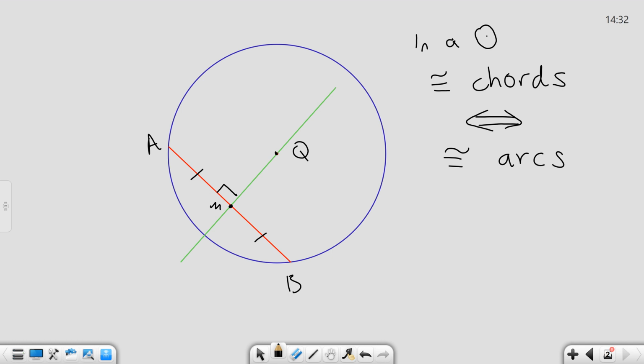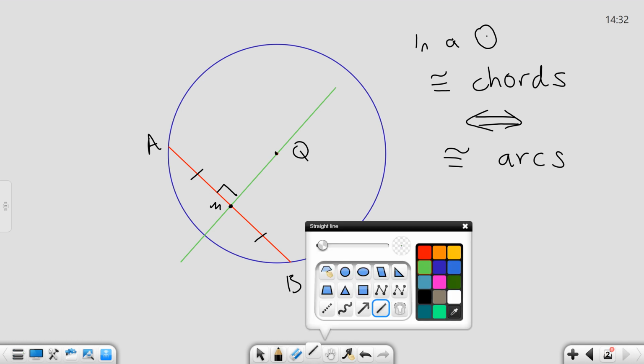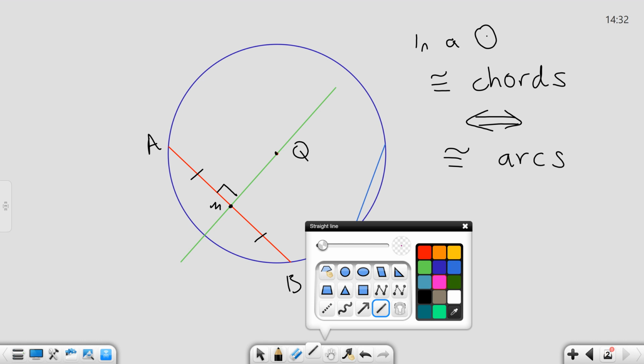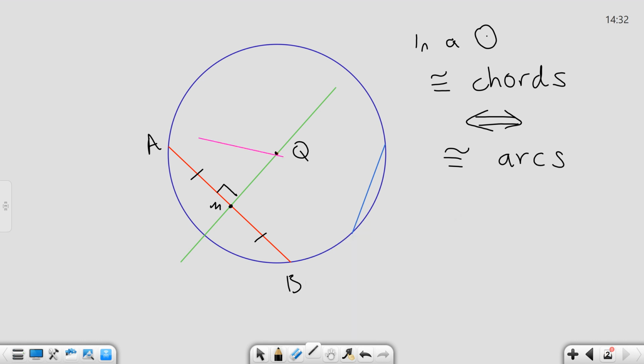Now that's not a fluke. That one works all the time. No matter what chord I draw in, if I take the perpendicular bisector of it, it's going to pass through the center of the circle. So if I take this little guy over here, and draw the perpendicular bisector of that segment, it will pass through the center.